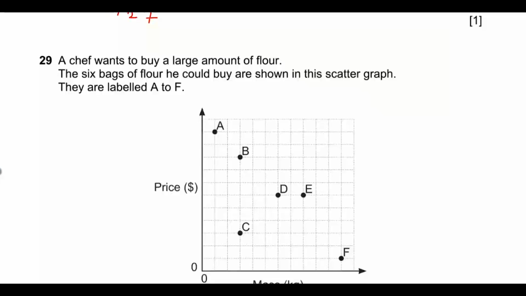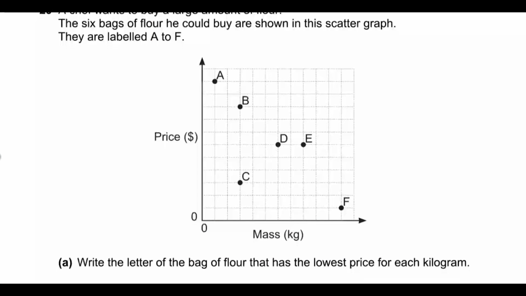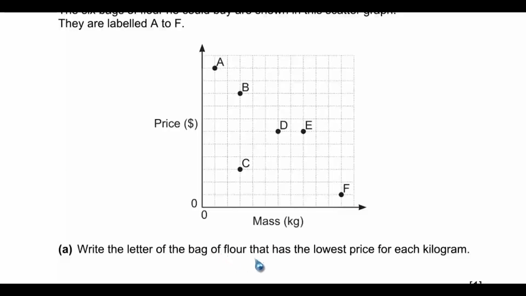So question 29. A chef wants to buy a large amount of flour. The 6 bags of flour he could buy are shown in this scatter graph. They are labeled A to F. Write the letter of the bag of flour that has the lowest price for each kilogram. So for each kilogram, the lowest price will be this. If you trace it to this one, this is the lowest.